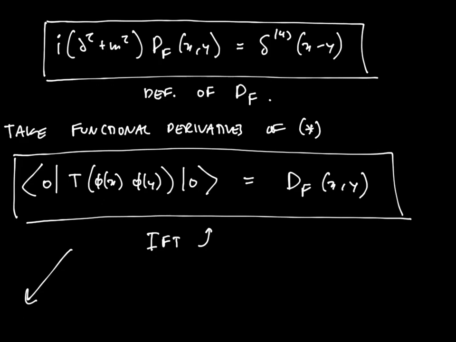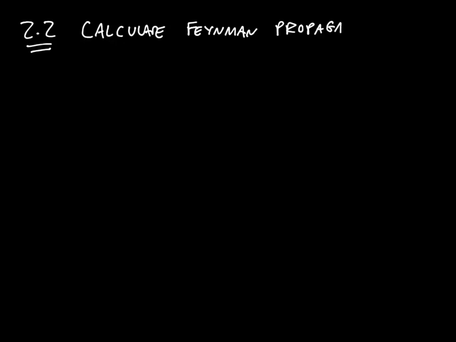Okay, so next up, on to section 2.2. In section 2.2, I'm now going to calculate the Feynman propagator. Okay, so here we go. Let's actually calculate this object. The first thing we're going to do is go to Fourier space.